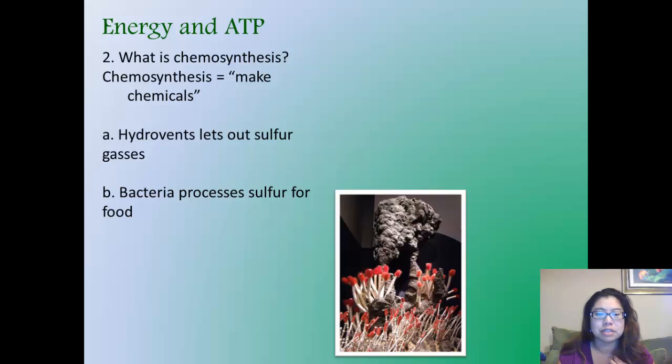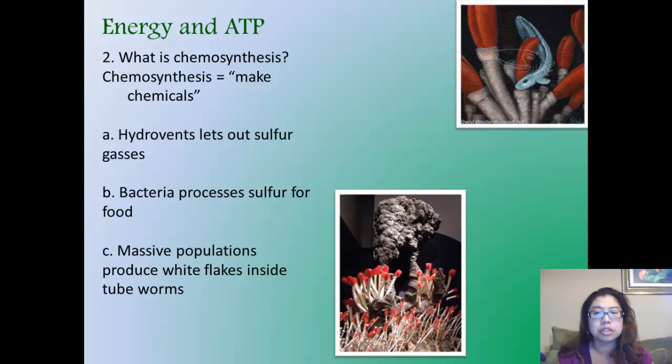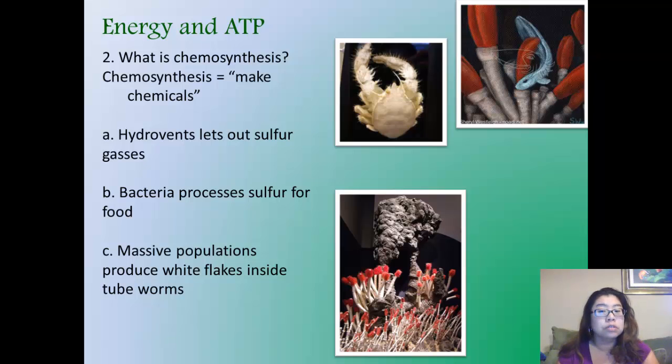Then their massive populations produce these white flakes that are inside the tube worms. The tube worms have a relationship which allows them to grow. Here's another artist's rendition of the tube worms. This is in a deep sea environment, which also allows other species to form that only live by these hydrovents in the deep sea.